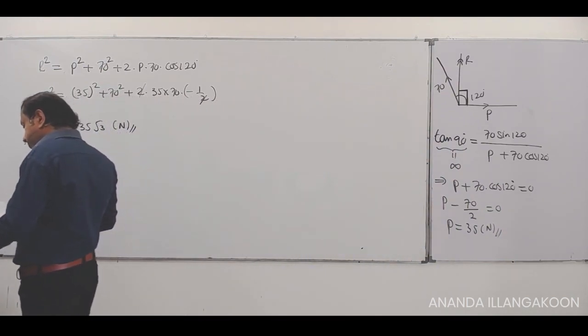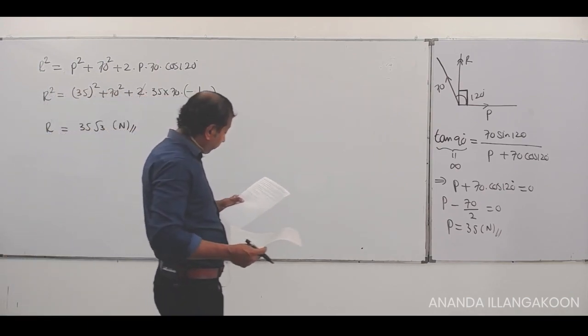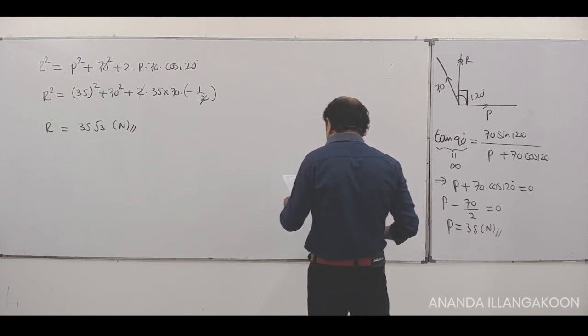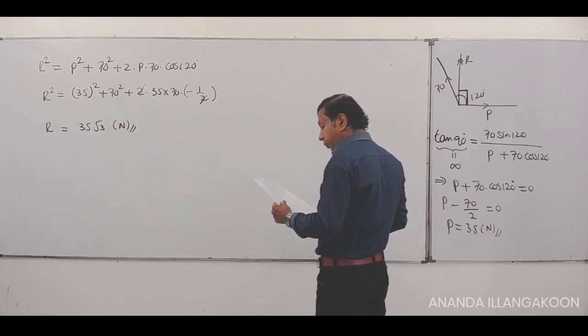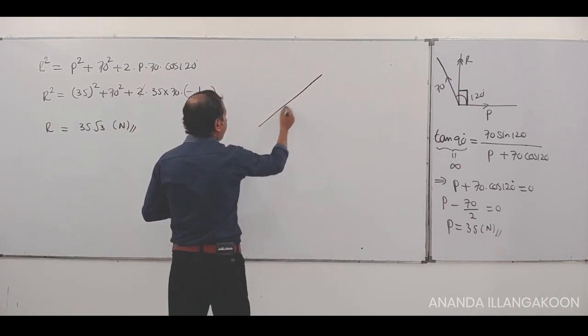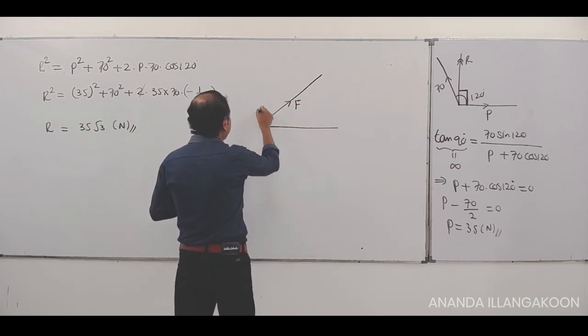Its second part. A force F is resolved along a given direction of magnitude P and perpendicular to this direction of magnitude Q. This way. Suppose the given force is this. Along a given direction, suppose this, perpendicular to that direction is this.